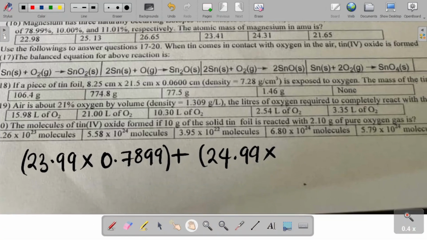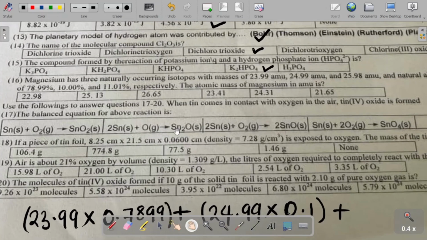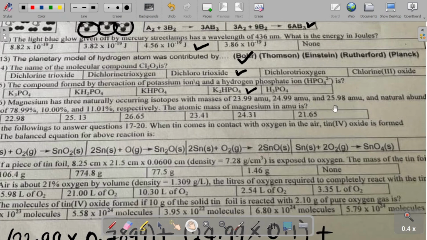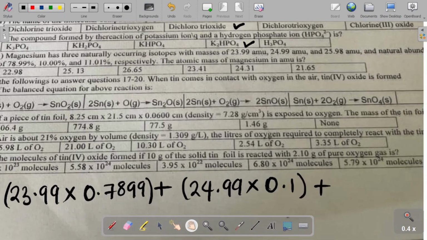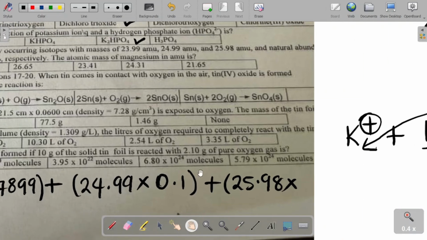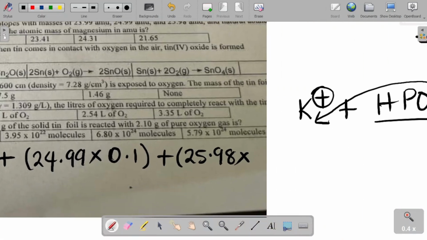That's 10 all over 100, which gives you 0.1. Then plus the next thing you have there, 25.98, times the percentage abundance here, 11.01. So divide 11.01 by 100, it becomes 0.1101. So you have this.